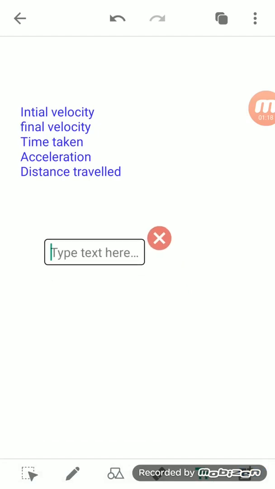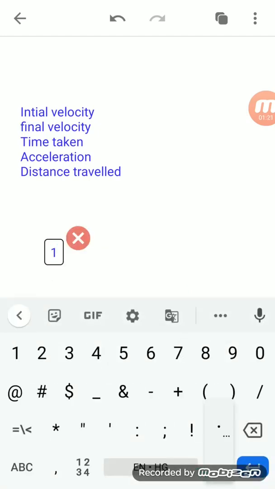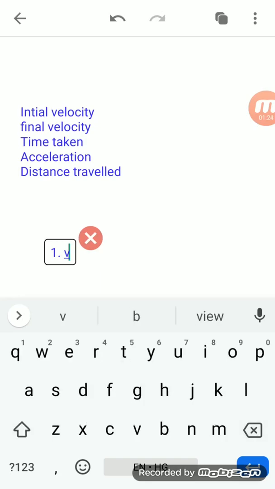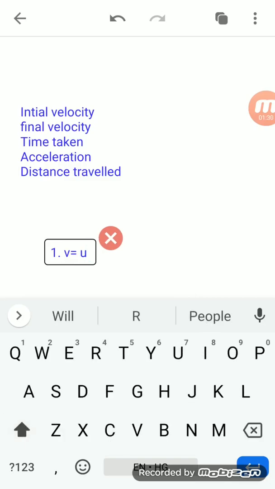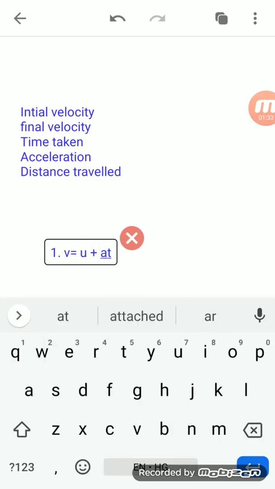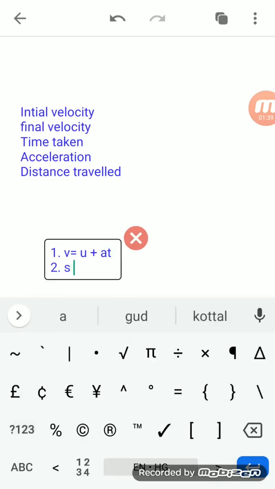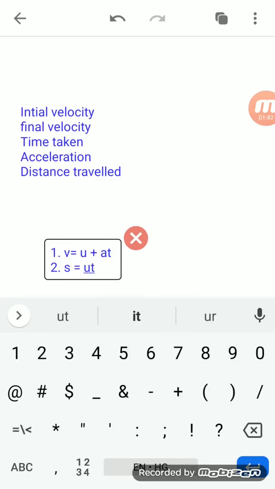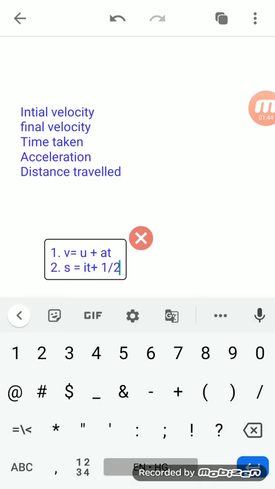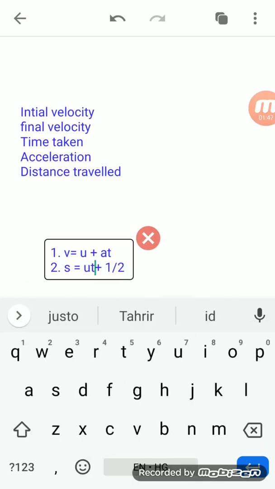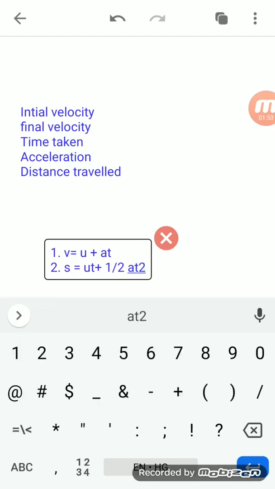So the three equations of motion are, the first one: v equals u plus at. The second one: s equals ut plus half at square. Here it is not 82, it is at square; later on I will write it.